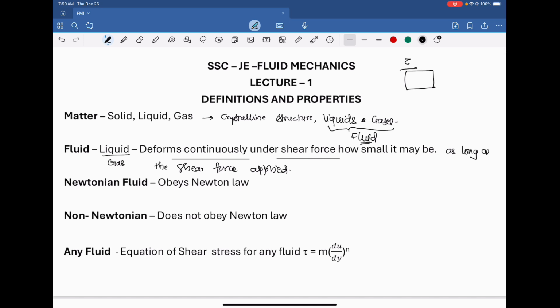This block may not easily get deformed. For small shear forces, the shape of the block will be the same. Tau is the symbol used for shear force.